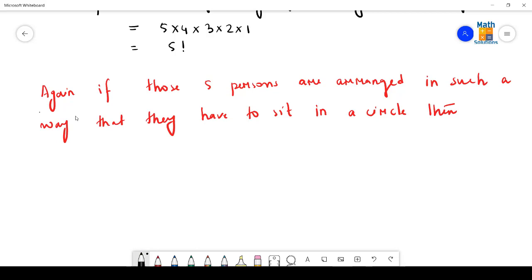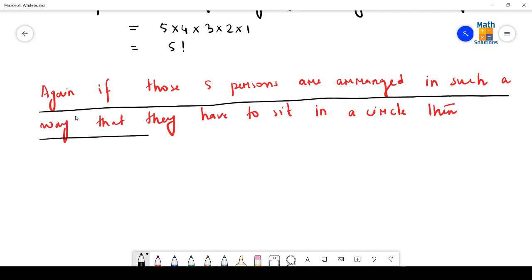When this arrangement is no more a row or column arrangement, and we have to arrange the things in a circular manner, what will happen? Let us have a look at it.